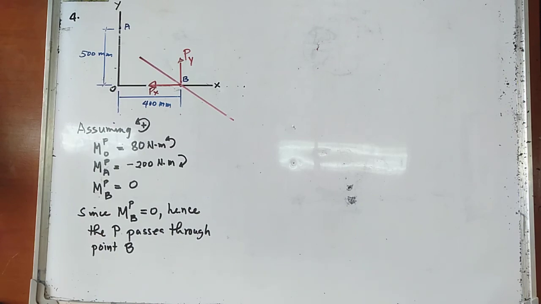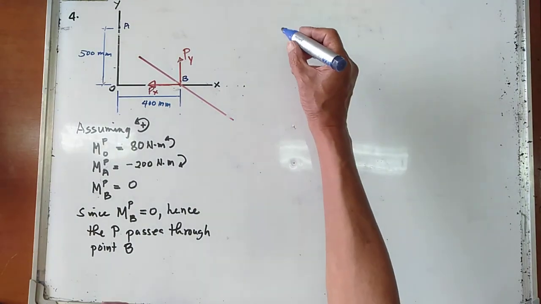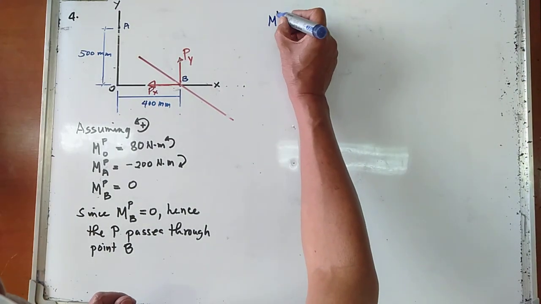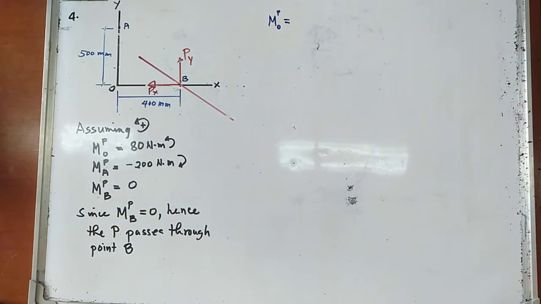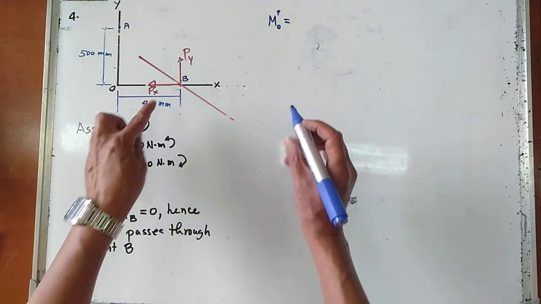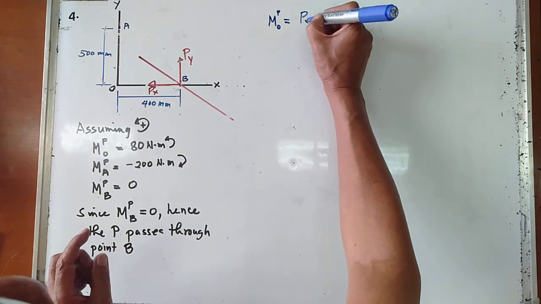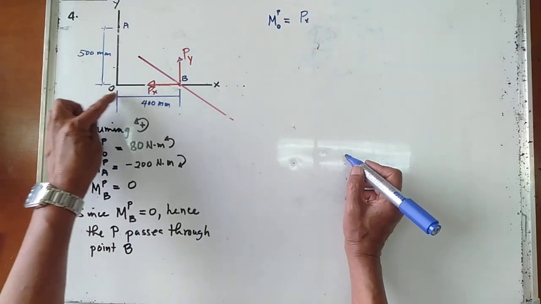Now, let us try to get the moment of the force P about point O. So, the moment of the force P about point O is equal to, applying your Varignon theorem, the moment sum of its components. Hence, your Px passes through your moment center.